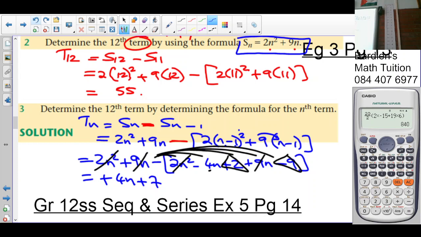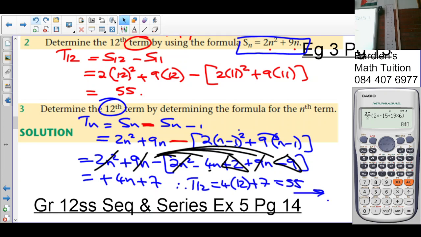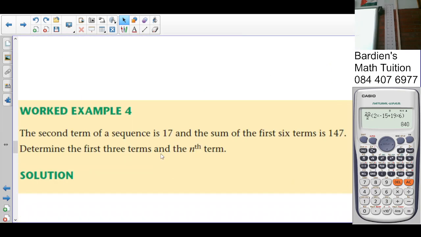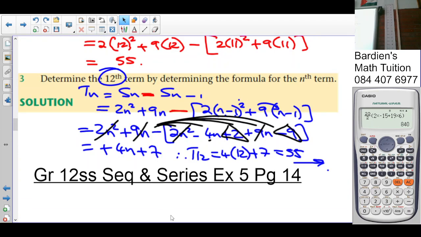Yes. And therefore T12 is equal to 4 times 12, which is 48, plus 7 is 55. Any confusion there, people? You guys need to write this down?